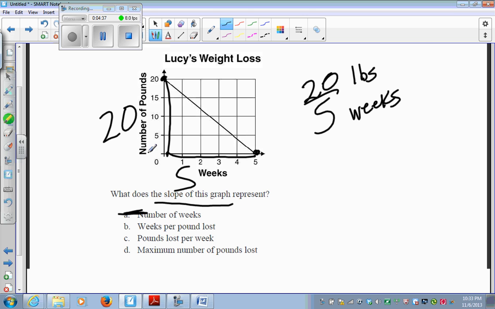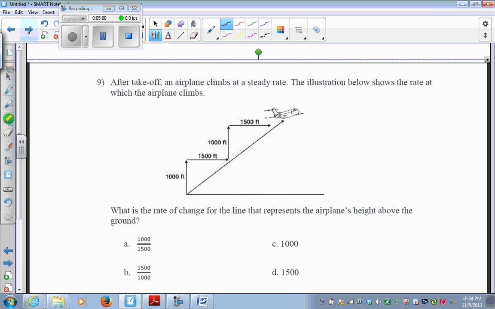Remember that your y value, your dependent variable, goes on the top when you're talking about your slope. So you can't do that either. Maximum number of pounds lost, it doesn't tell us. It just tells us the rate that she's losing it. Pounds lost per week, and that's what it is. 20 pounds per 5 weeks. So our answer is C.